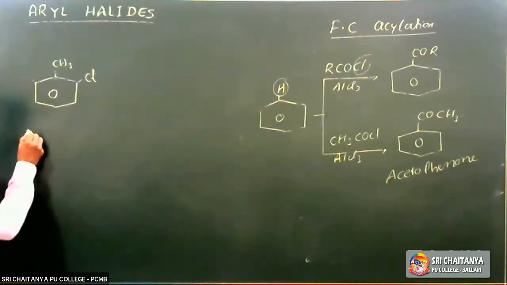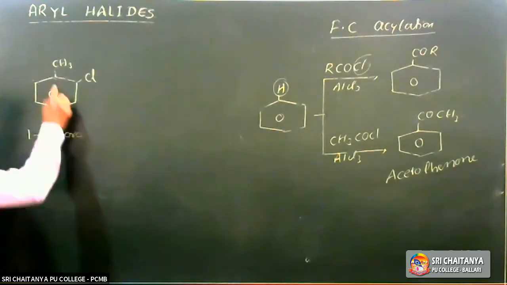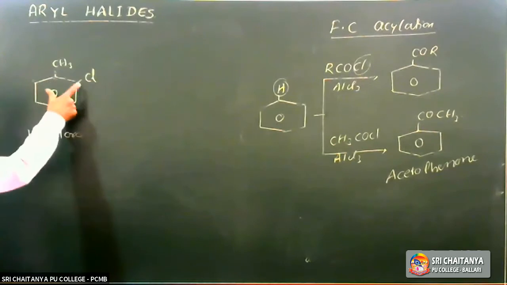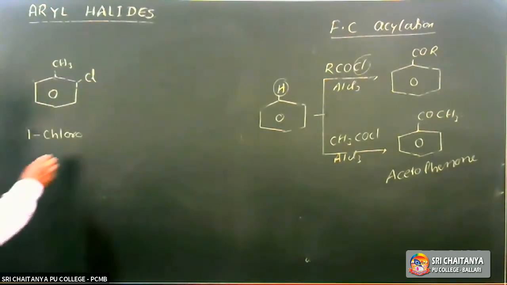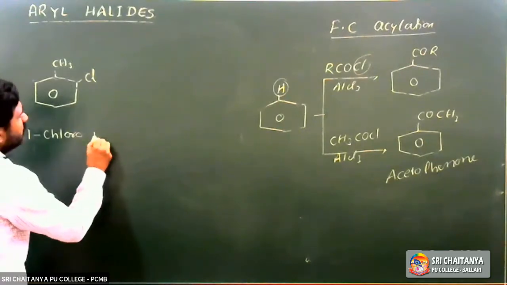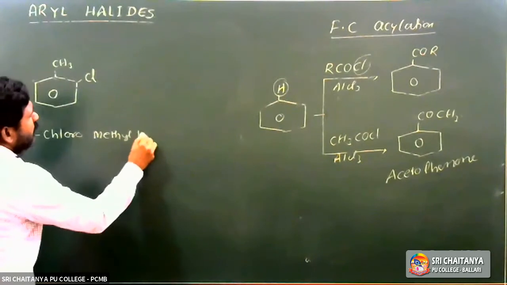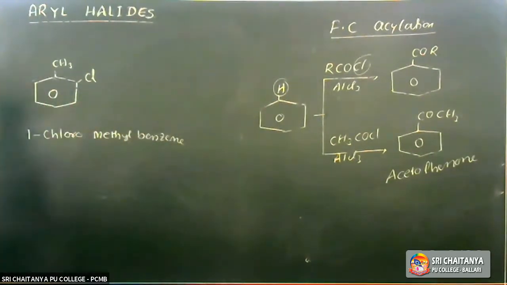The common name is orthochlorotoluene. But the IUPAC name is 1-chloro-2-methylbenzene.